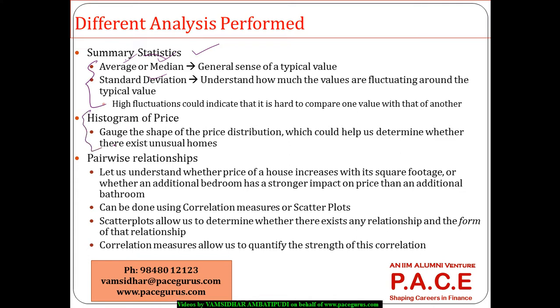Then I can do some kind of histogram plotting for the price and see the distribution of the price. What is the pattern of the various prices, what is the pattern of the various other elements. So these two actually go per single variable at a time. One variable at a time, I can do some kind of analysis.